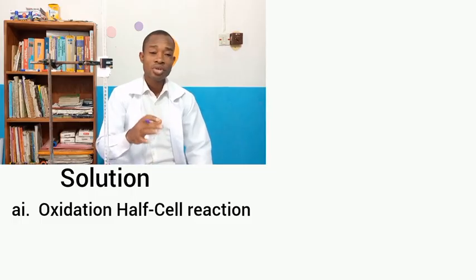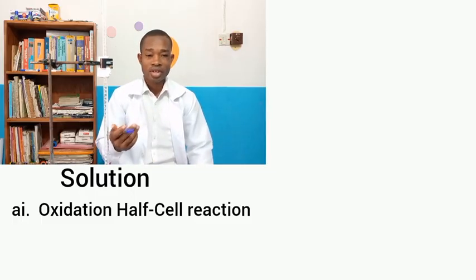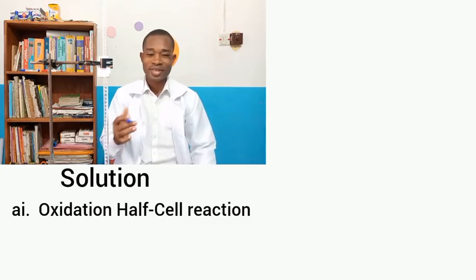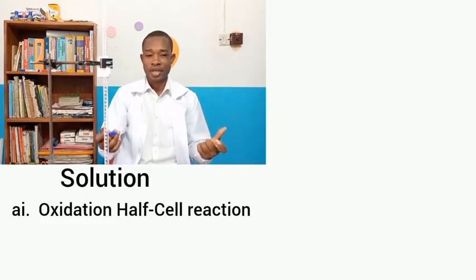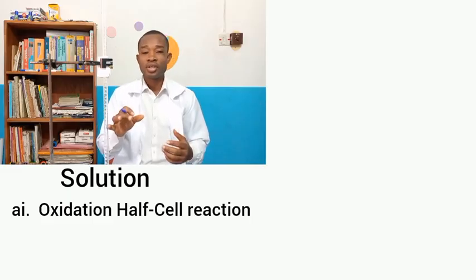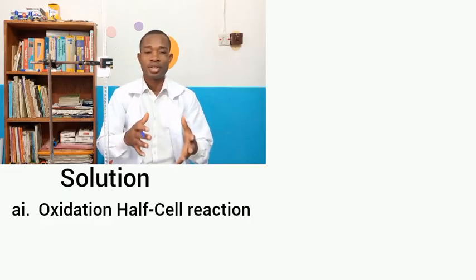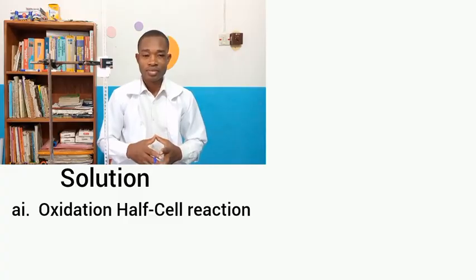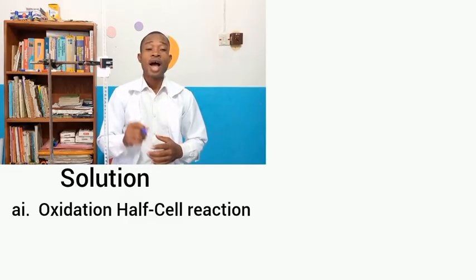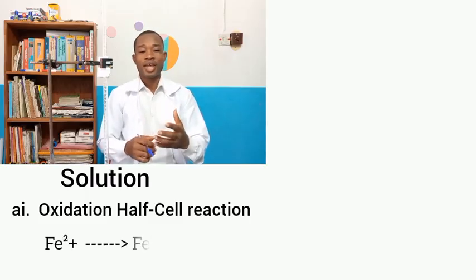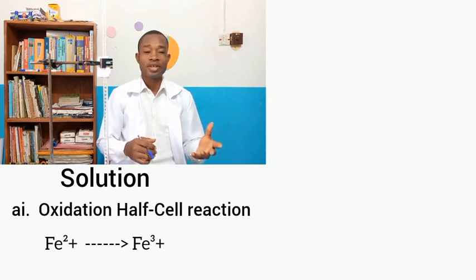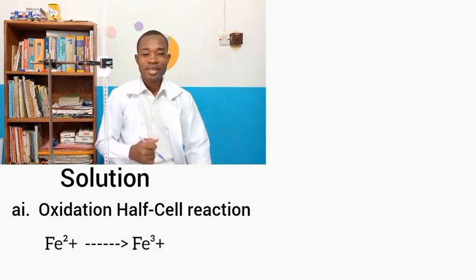Simply, the iron 2 will give up an electron, loses an electron because oxidation is a loss of electron, and then it is going to form iron 3. So take a look as you watch what is expected to happen in the oxidation process. So we have iron 2 ion as the reactant, okay? It is going to give us iron 3 ion.